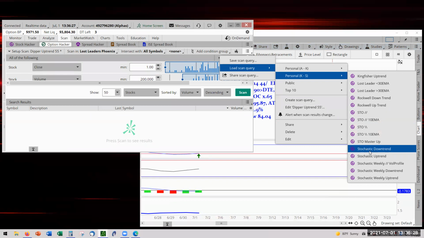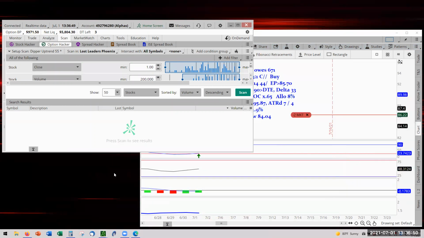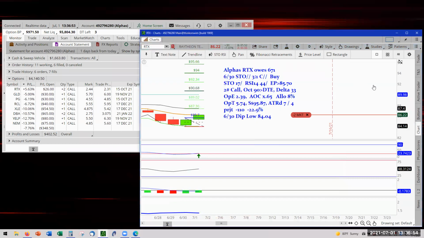Here, the 10 EMA just needs to be trending in the direction of the stochastic. So as the stochastic scan comes up with a down, then the 10 EMA has to be going in the down direction also. With the weeklies, we are bypassing them because of their poor returns. So that is the Elvis Shift for July, and now we'll go back and go into the results.